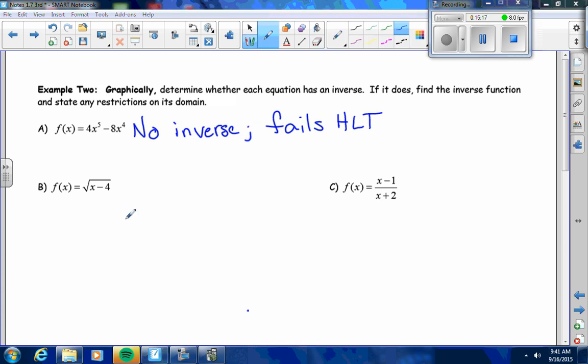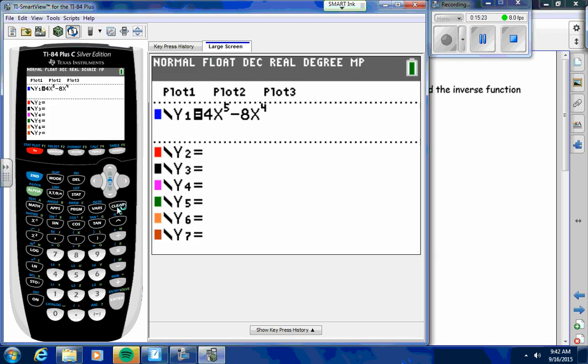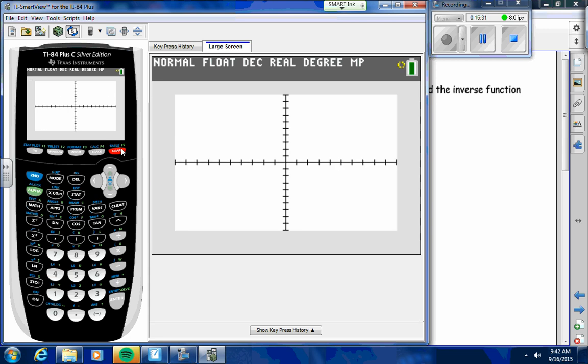Okay, so now let's look at the square root of x minus 4. Okay, what about this graph? Does it have an inverse?